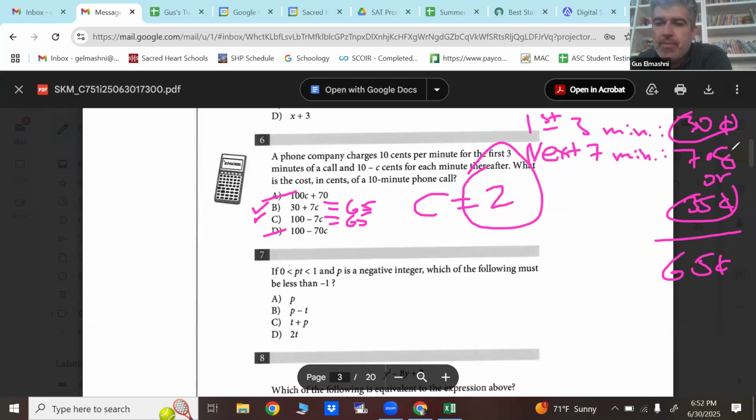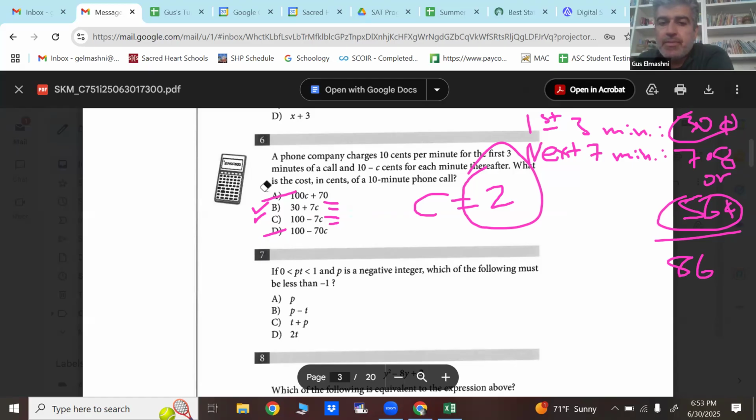And now that's going to cost 56 cents for the next 7 minutes. So what does that add up to now? 30 plus 56 is 86. And remember, I chose 2 for C. B is not going to work now because that's too low. B is going to be 44 if I plug in 2 for C.